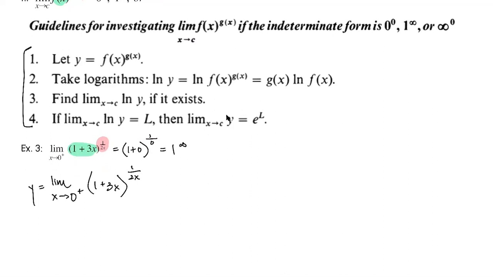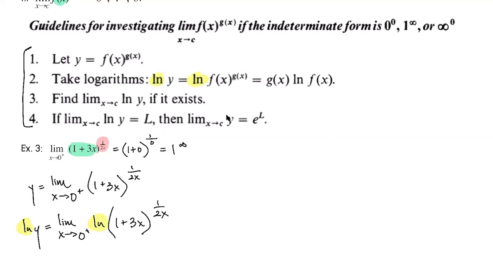Step 2 is I'm going to take the natural log of both sides. So natural log of y equals the limit as x approaches 0 of the natural log of 1 plus 3x to the 1 over 2x. Okay, so I've natural logged both sides. So natural log, and that comes out here and here.